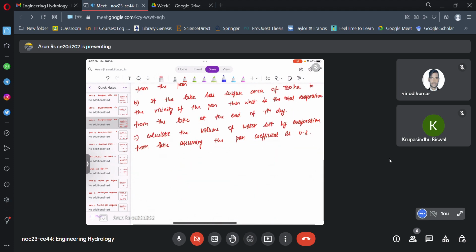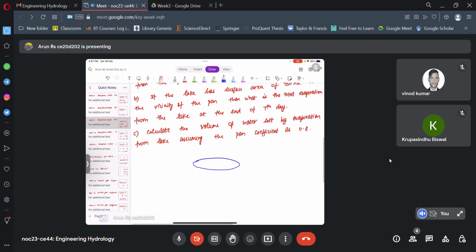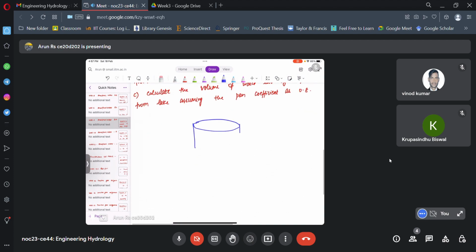If you see the evaporation pan, it is something like this. It's circular in shape, and you will have a fixed level of water. Let's say this is the fixed level of your water. So you know this particular elevation, that is the standard point.